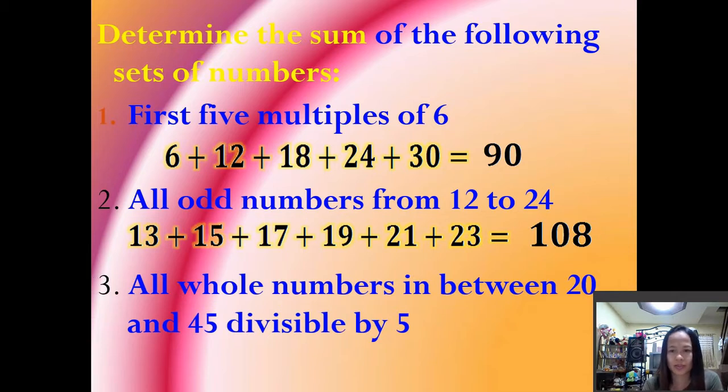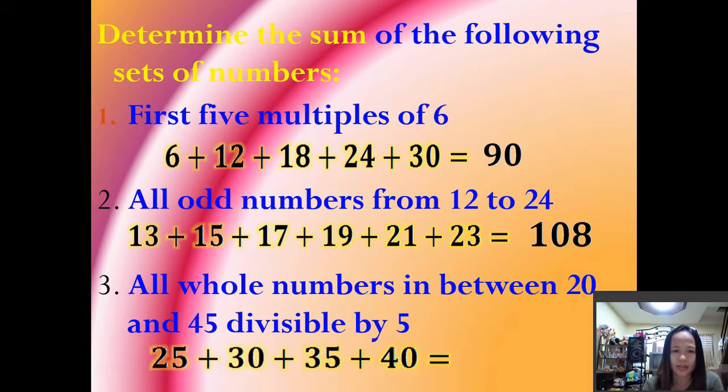All whole numbers in between 20 and 45 that are divisible by 5. Okay. In between 20 and 45. Are we going to include 20? No, of course. Since we are going to add only numbers that are divisible by 5, which are in between 20 and 45. So what are the numbers?